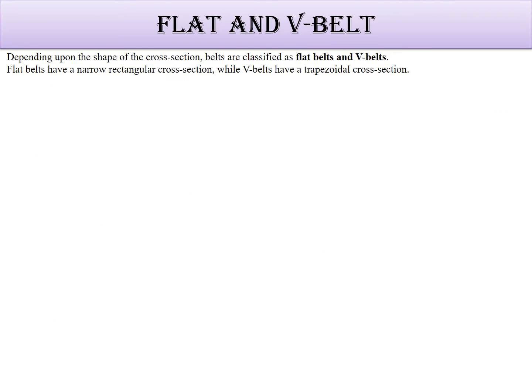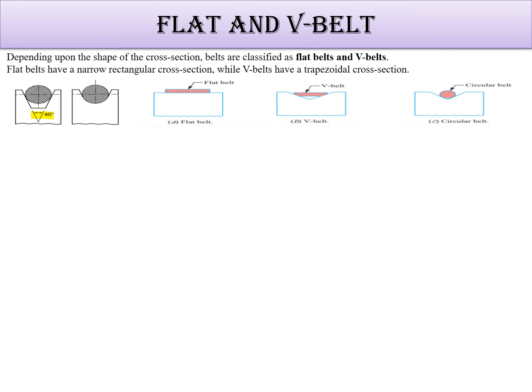Now it depends upon the shape. The flat and V belt is being named. Just see here, this is a V belt. Its groove angle is 40 degrees. That's why it is known as V belt, and even the belt size is in V shape also. And this is the circular belt.